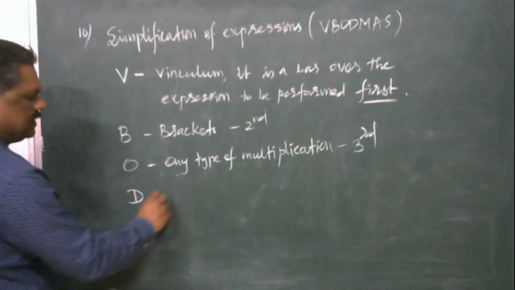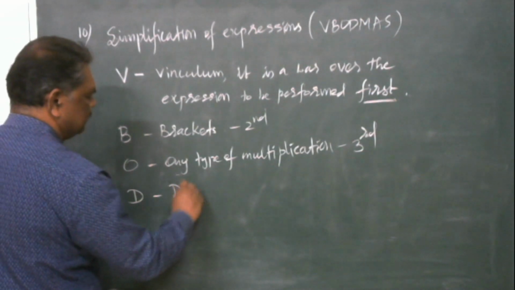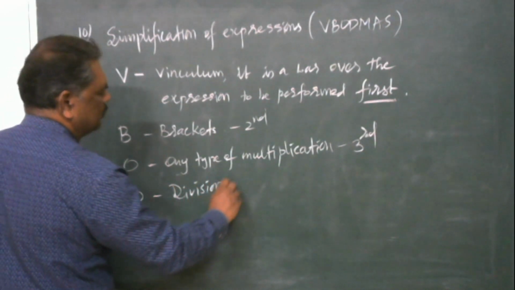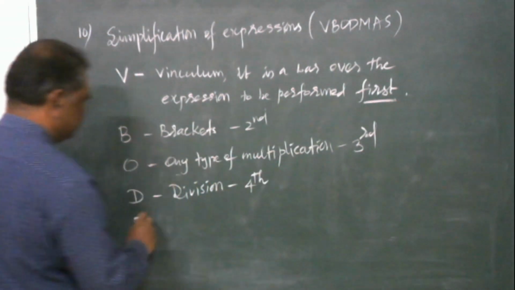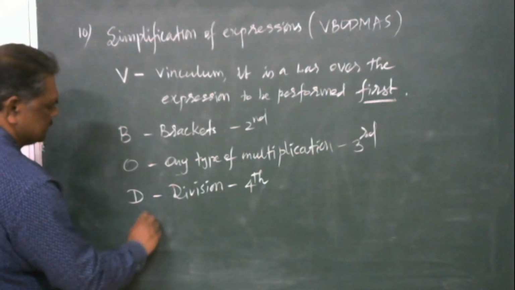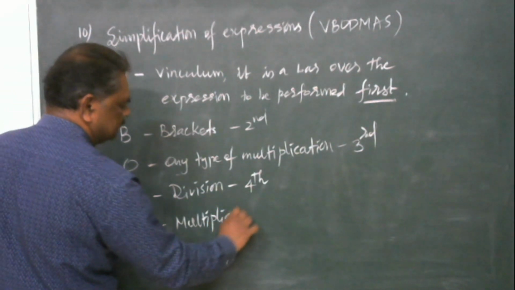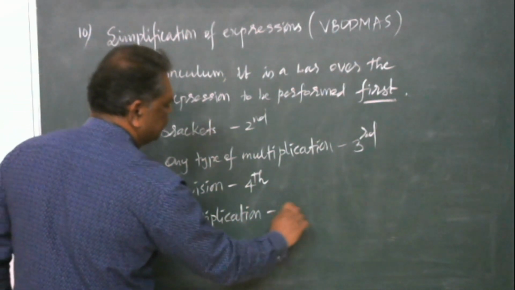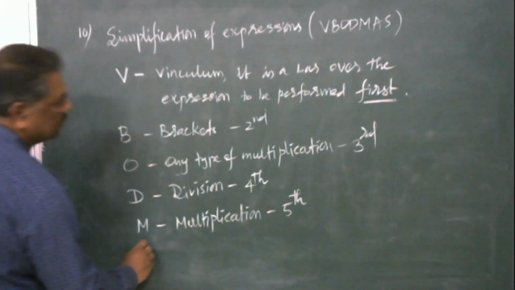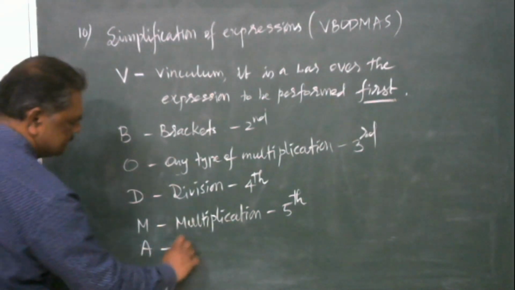Then next comes D, division. Fourth, we need to perform. Then next, M stands for multiplication. That we need to perform fifth. Then the next, addition and subtraction.